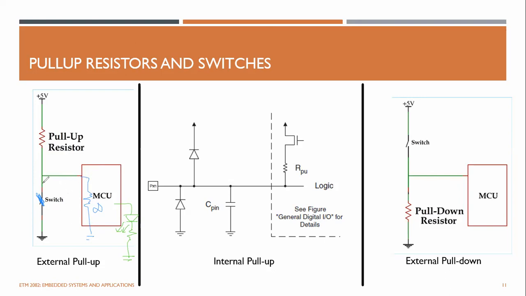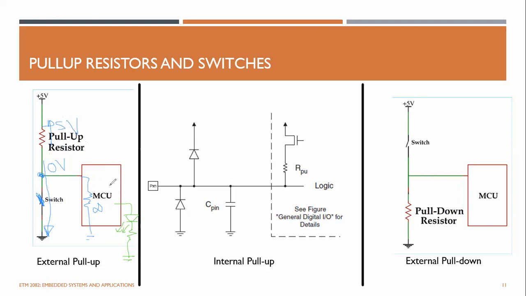The parallel resistance of 0 parallel to infinite will be 0, allowing all the current to flow through this switch to the ground. The voltage drop across a piece of wire will be 0, so this voltage is 0. 5 volt will be dropped across this resistor. And you will now see the voltage reading at this pin is 0. So earlier it was 5 volt, now it is 0.